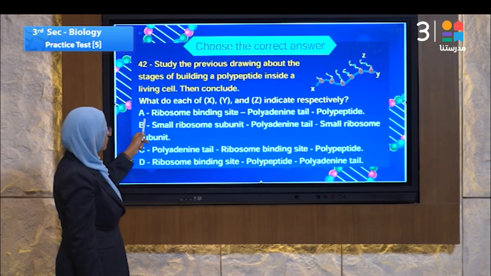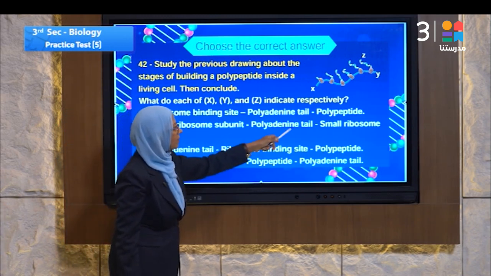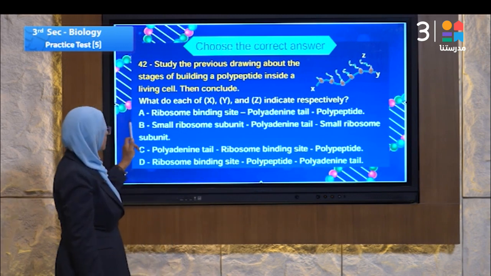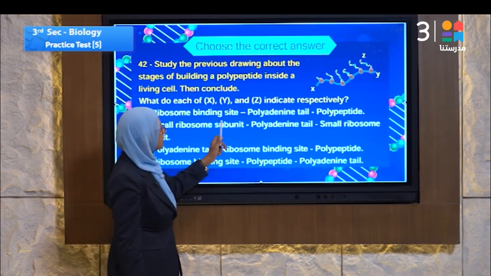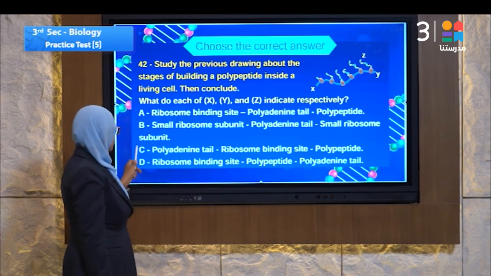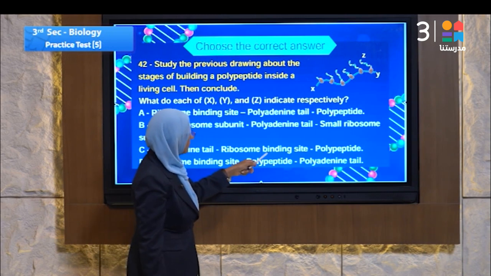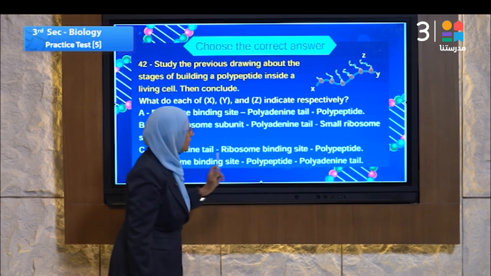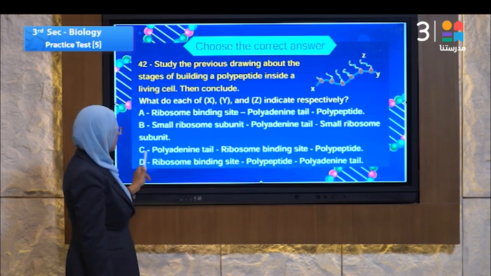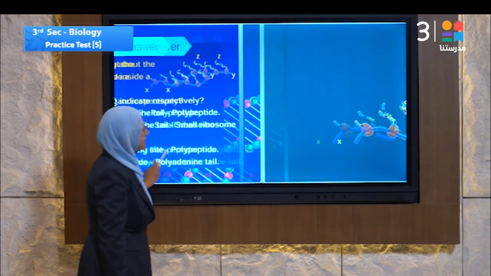Number A, ribosome binding site, polyadenine tail, polypeptide. B, small ribosome subunit, polyadenine tail, small ribosome subunit. C, polypeptide tail, ribosome binding site, polypeptide. D, ribosome binding site, polypeptide, polyadenine tail.